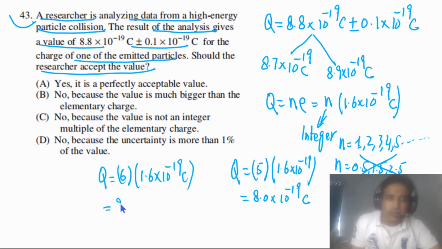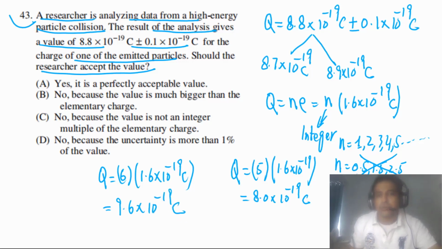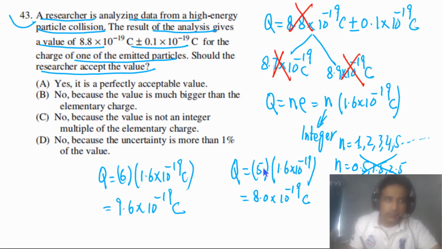So in this case, possible charge can be 9.6 times 10 to minus 19 coulombs. As this is not 8.0 and this is also not 9.6, it is between these values, so it means this charge is not possible. This is not possible, this is also not possible. Yes, it is a perfectly acceptable value.